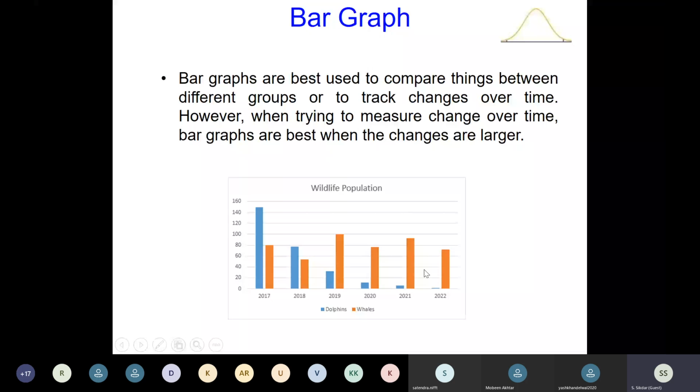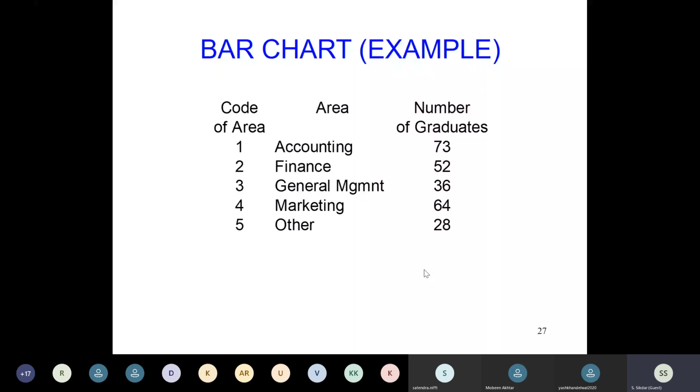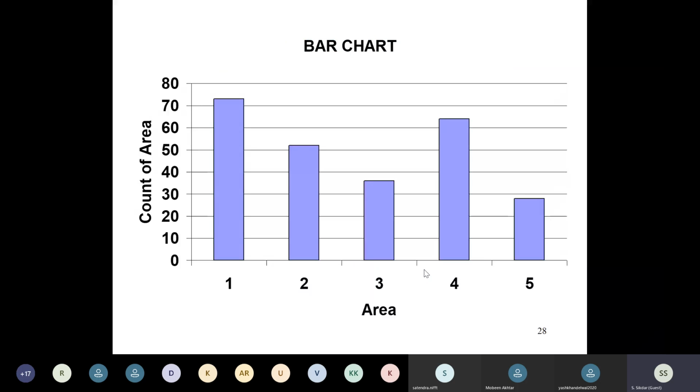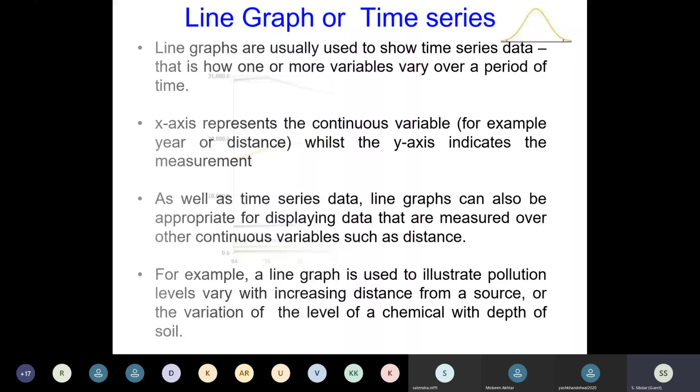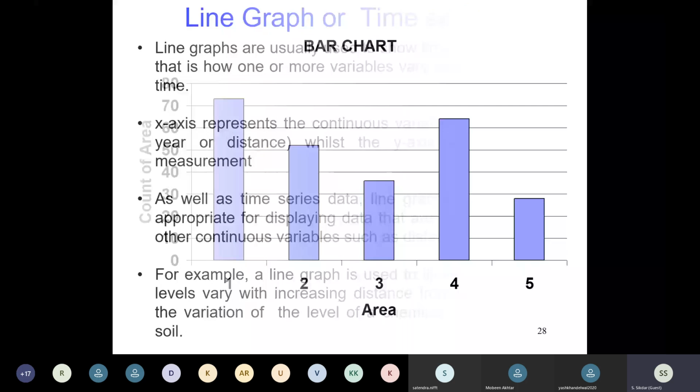Again, another example of a bar chart. We deal with the accounting survey area, number of graduates, and we can put it in the form of a bar chart. Earlier we showed it in the form of a pie chart, and now it is being shown as a bar chart.